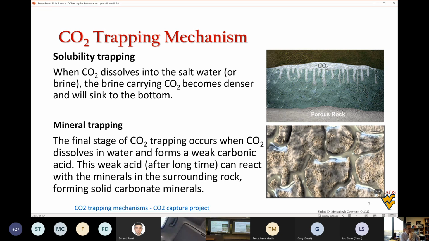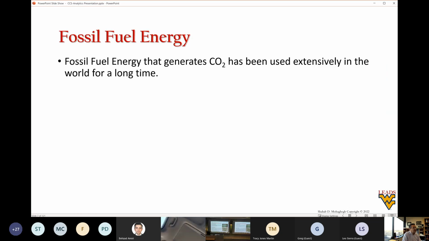This weak acid, after a long time, can react with the minerals in the surrounding rock and form solid carbon minerals.